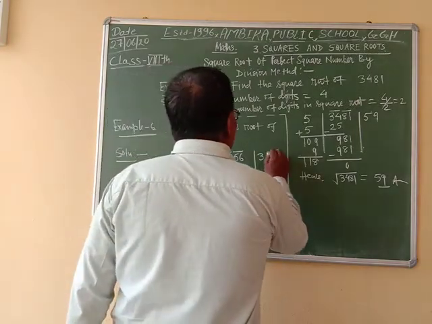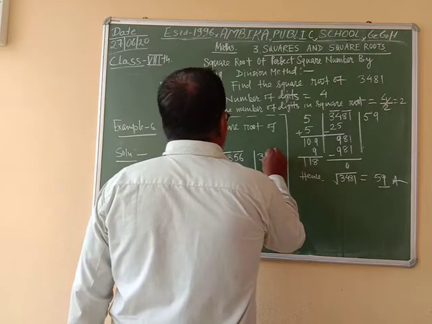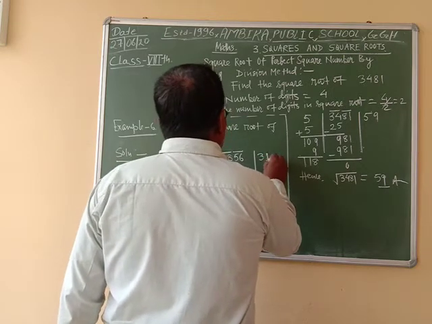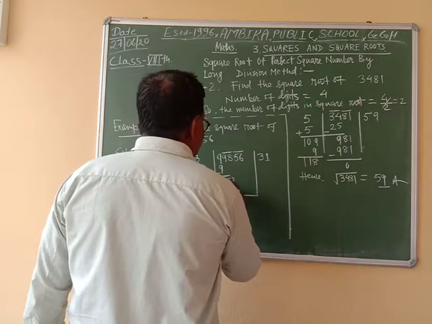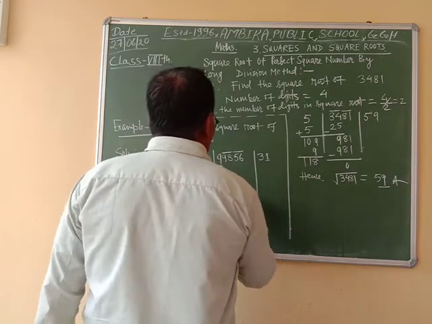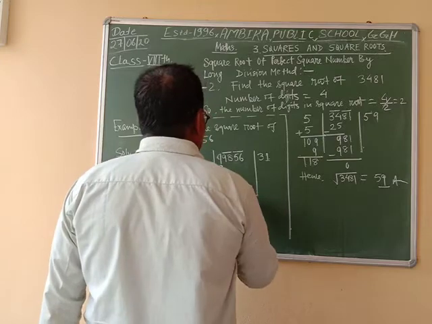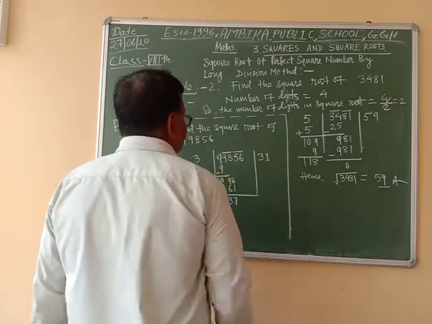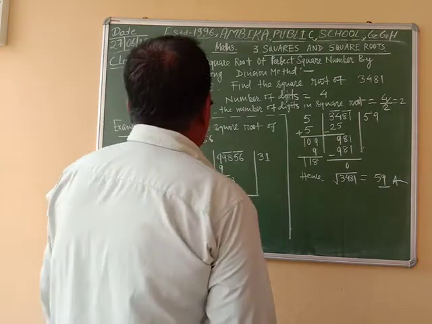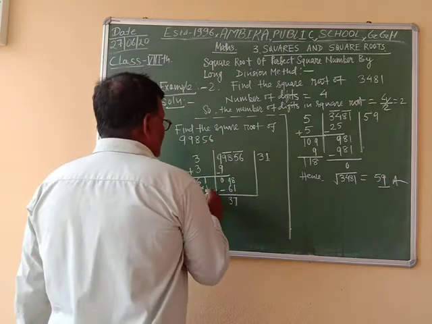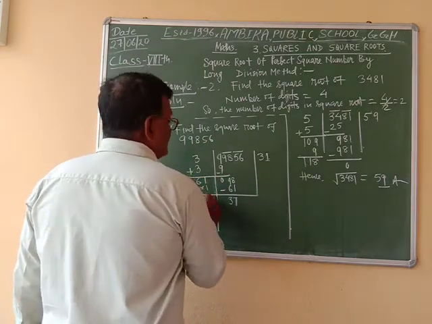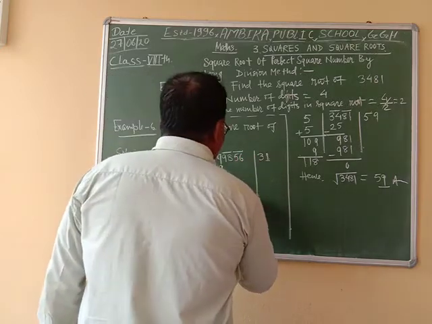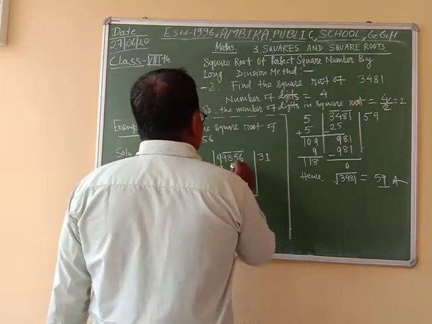So we write 1 as quotient, and product is 61. On subtracting, we have the remainder 37, adding 62. Now the dividend is 3756.